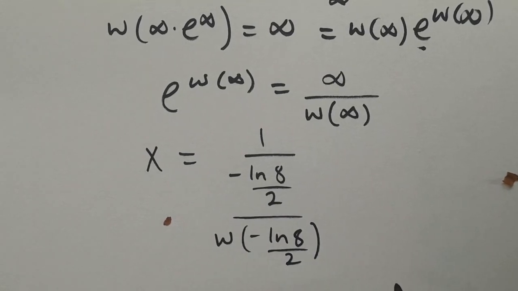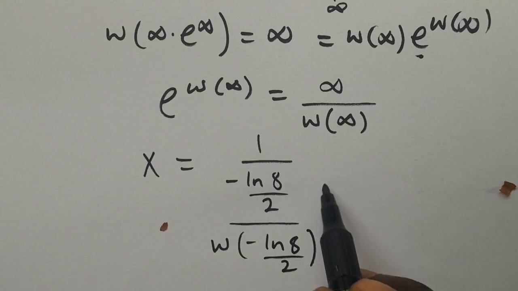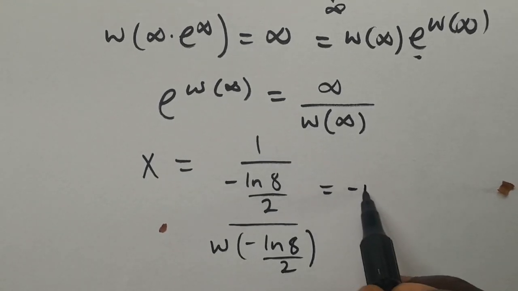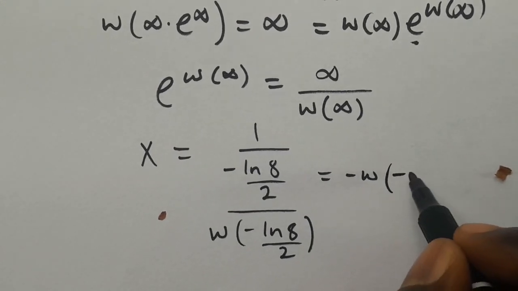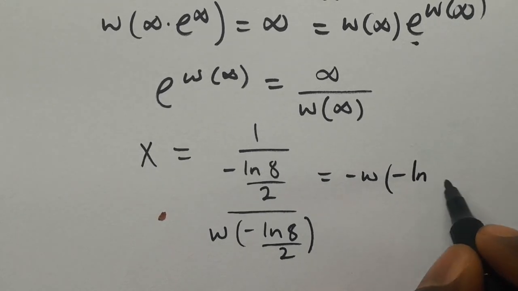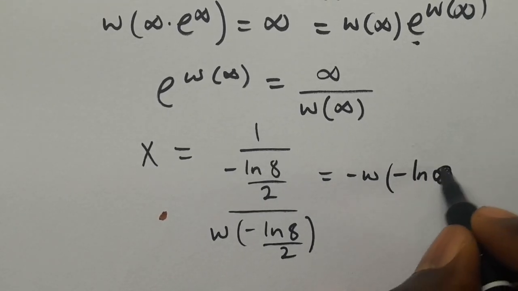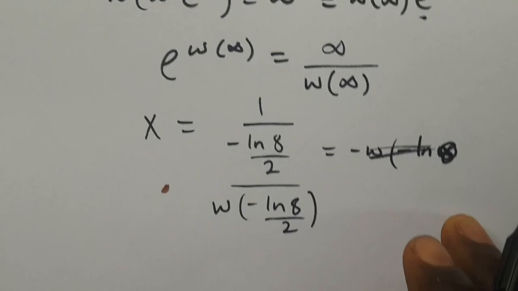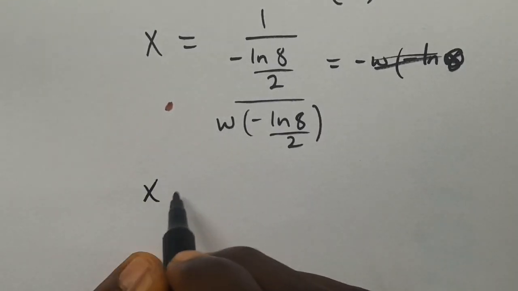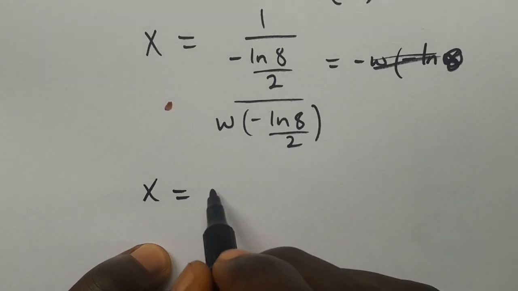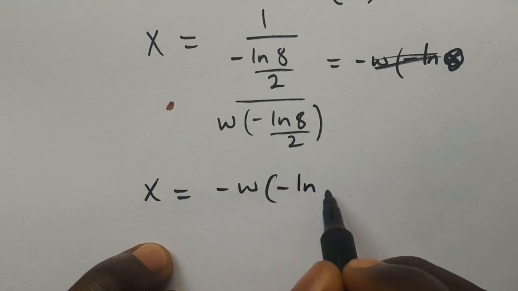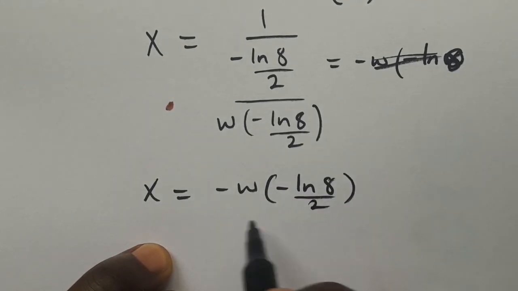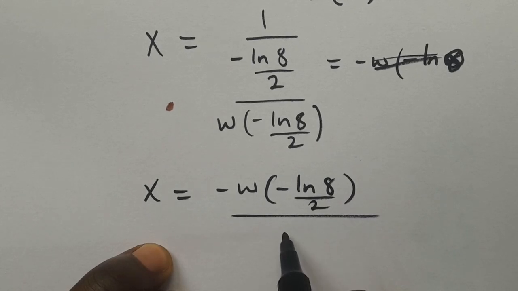then also divided by the W Lambert function of minus ln of 8 divided by 2. So definitely this will be equals minus W function of ln of 8, x finally will now be equals minus W function of minus ln of 8 divided by 2 divided by ln of 8 divided by 2.